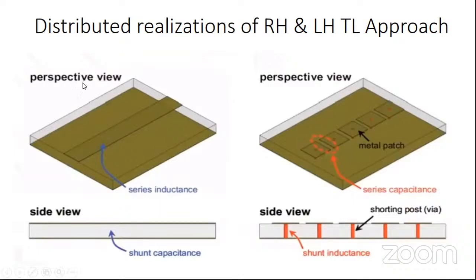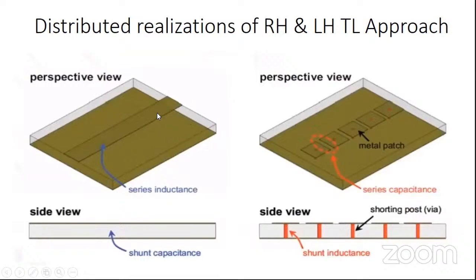This first figure shows the right-handed material. Why do I say right-handed? It is just a microstrip substrate with a metal on the top and the ground at the bottom.